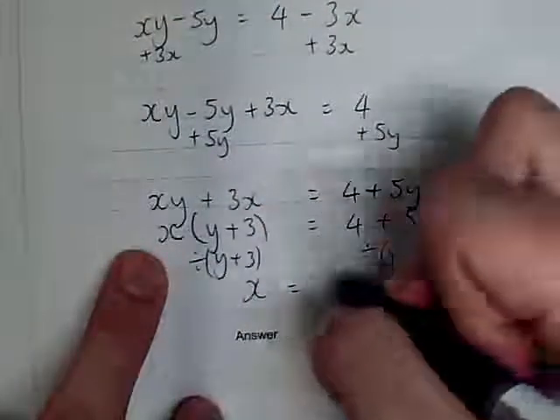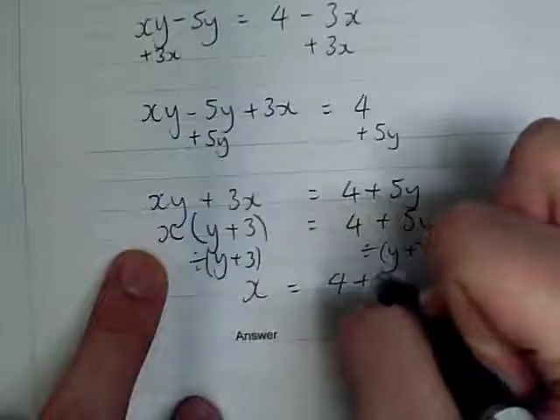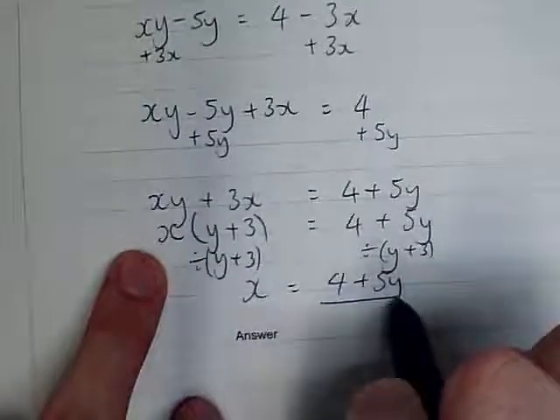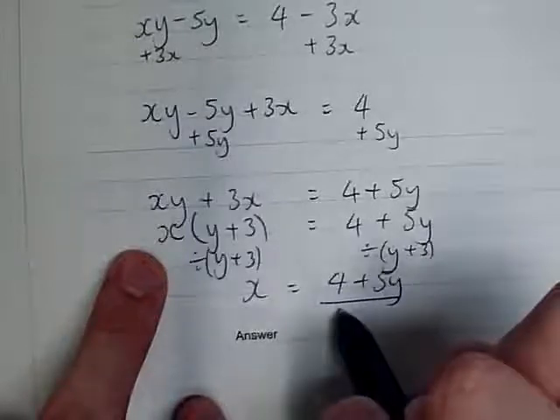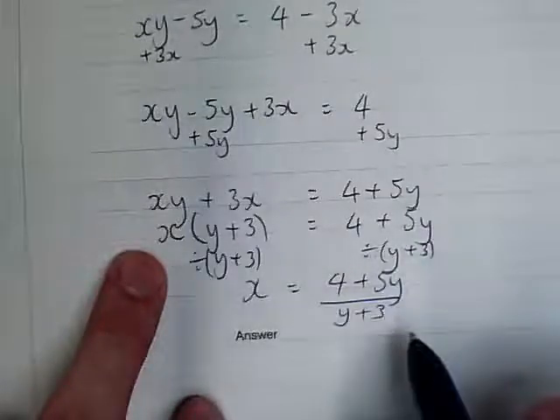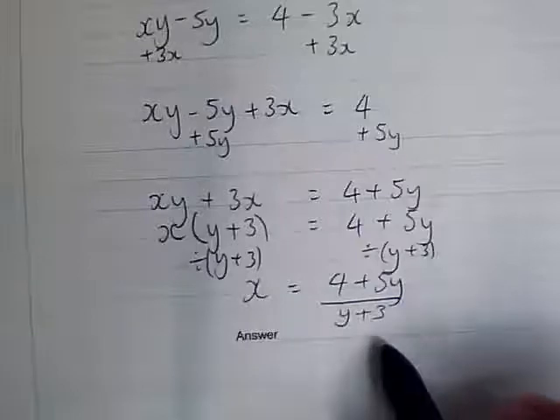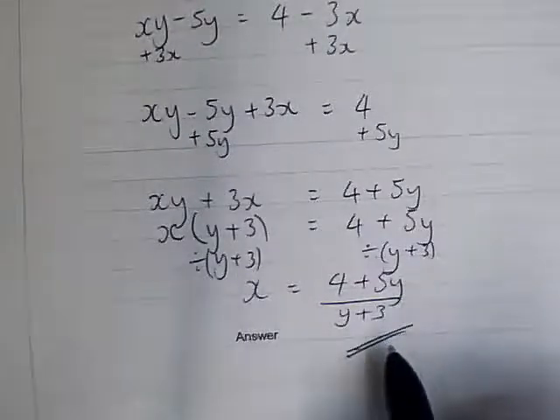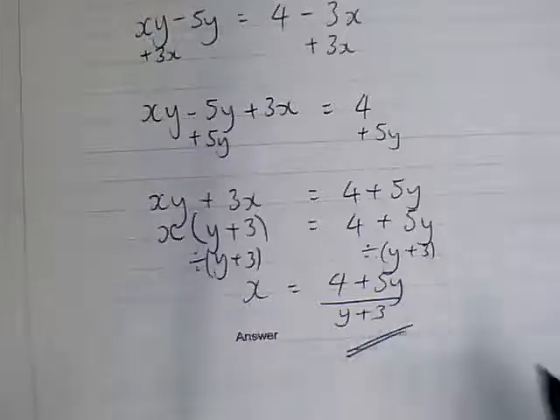Remember, this was there first, so I'll write that down first. And then I'm dividing it, so I'm going to use a fraction line, by y plus 3. And that's my final answer. So x equals 4 plus 5y over y plus 3.